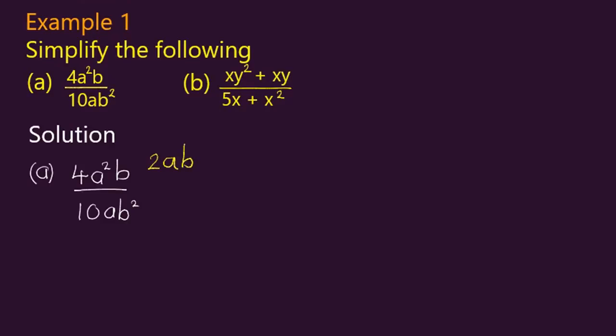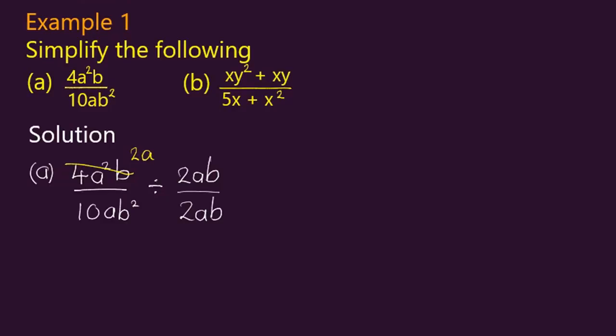That should be our HCF. And once we have the HCF, the highest common factor, we divide both the numerator and the denominator by that HCF, which is 2ab.